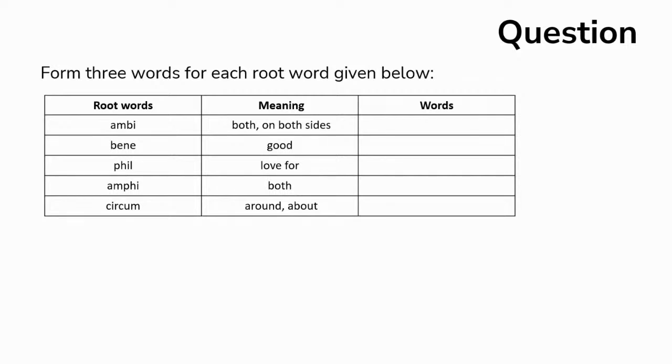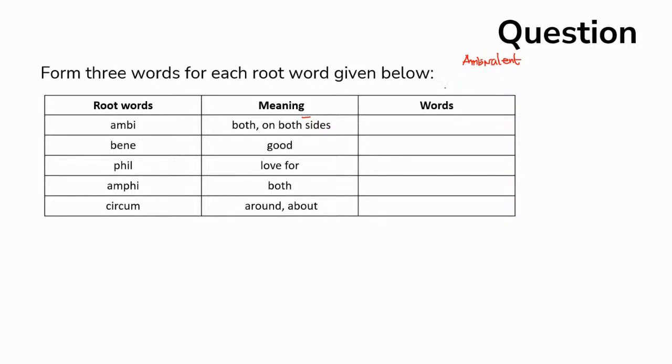Yes, guys. So the words we can form with the root word ambi are ambivalent. Ambivalent means having mixed feelings or contradictory ideas about something or someone.